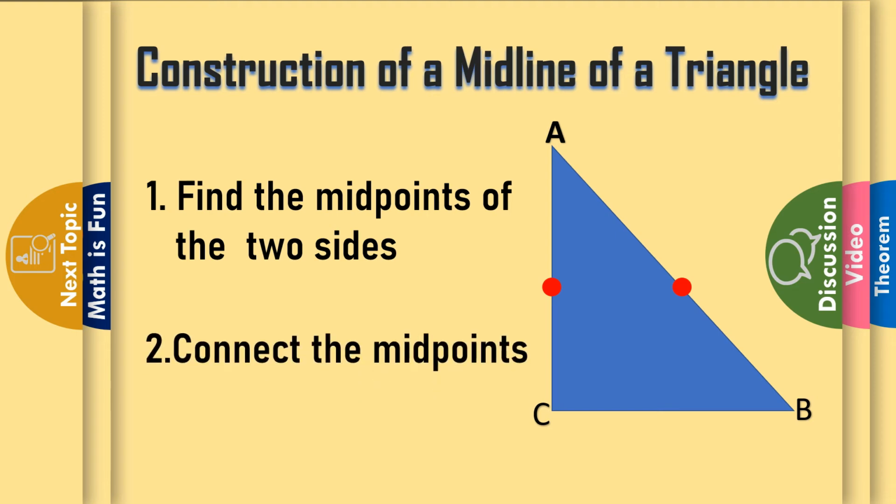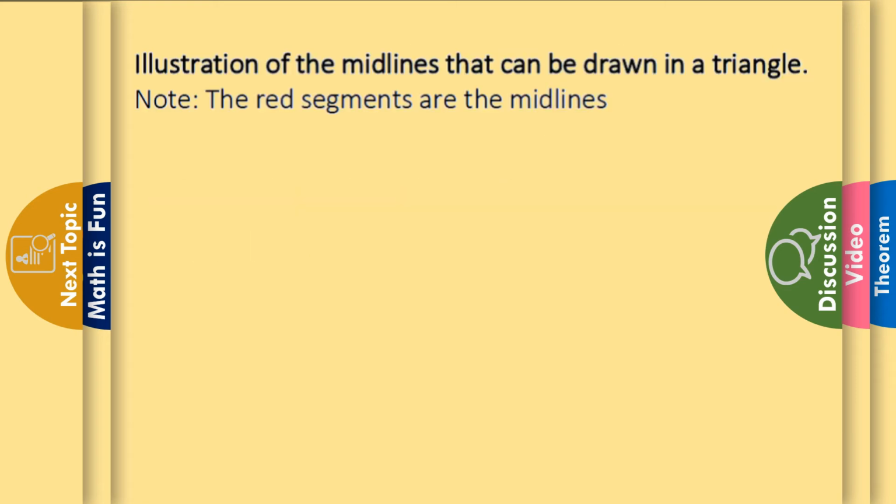The next step is we have to connect the midpoints with a line. And after that, you have now the midline of the triangle. Here are some illustrations of the midlines that can be drawn in a triangle. The red segments are the midline.